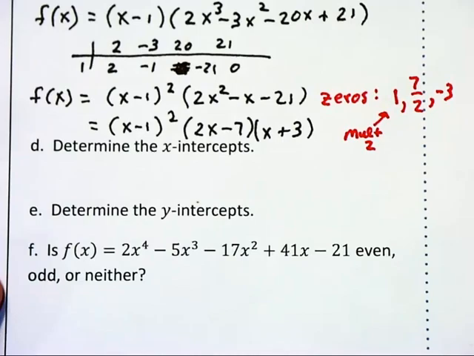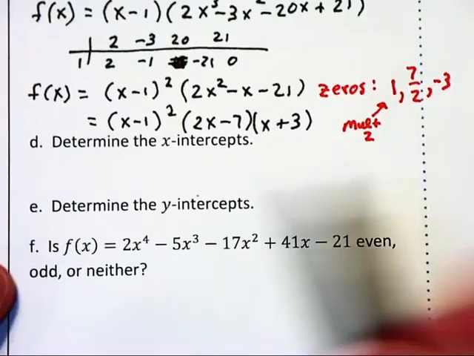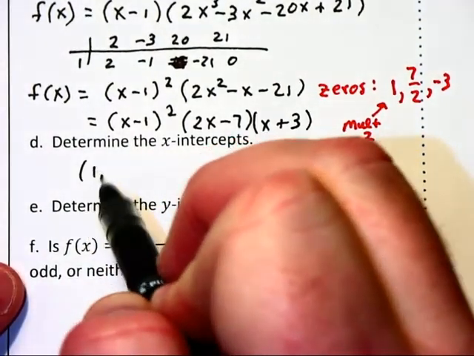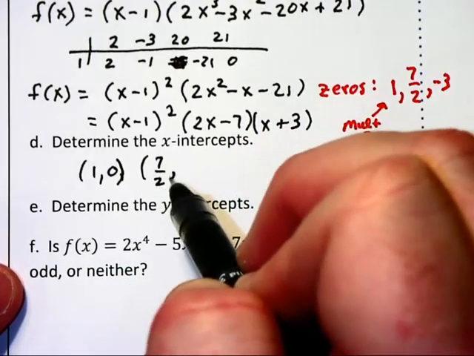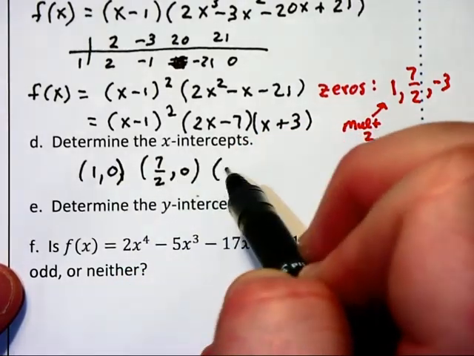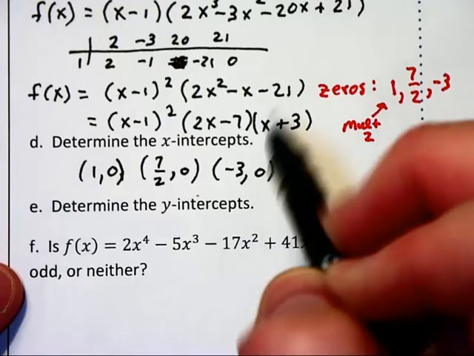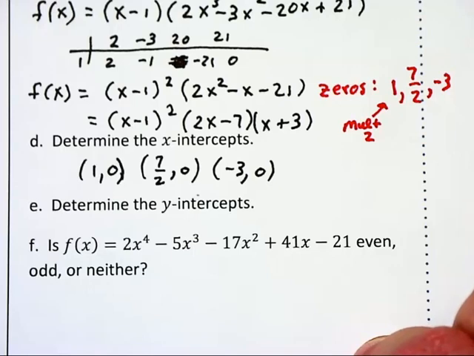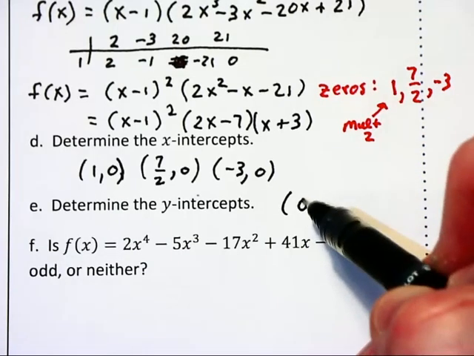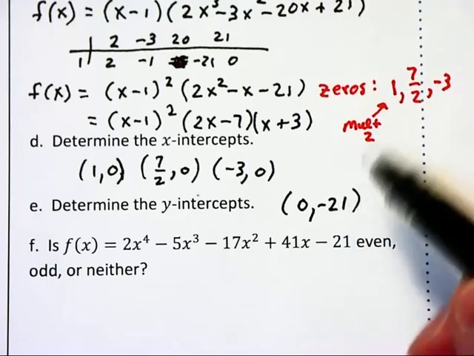Determine the x-intercepts of this graph. Well, that's what the zeros are. So we're going to have 1, comma 0, 7 halves, comma 0, and negative 3, comma 0. Determine the y-intercept. Well, when you substitute 0 into the original function way up at the top there, you're going to get 0, comma negative 21.